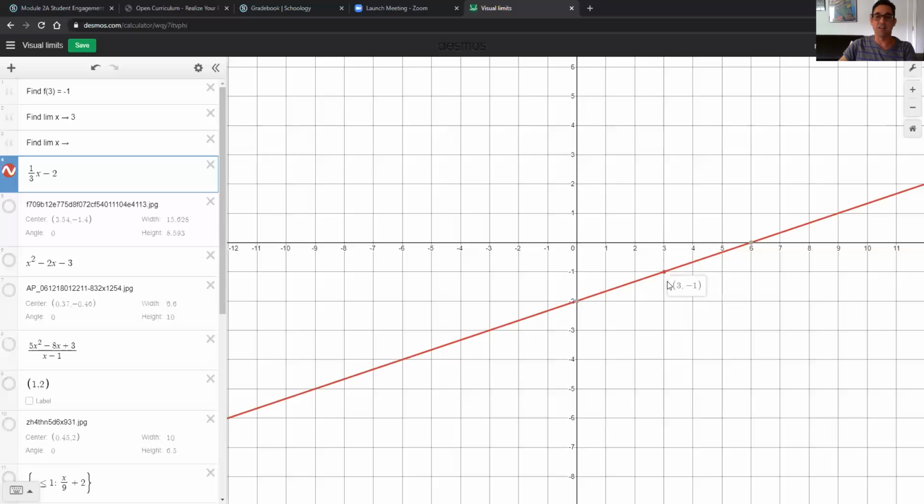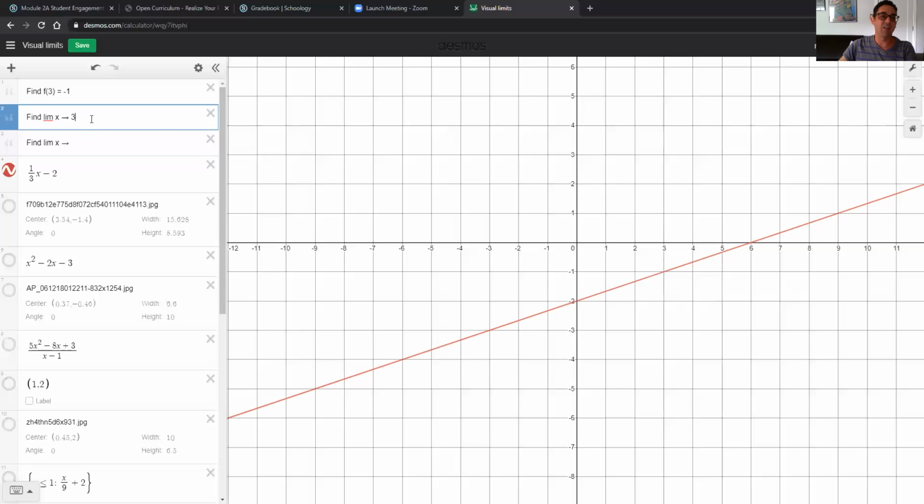And then once I go past it, they're still pretty close, but the further away I get from the point, the further away they get from 3 and -1. We call this approaching. So as I approach the graph from this side, it gets close to 3 and -1. And as I approach from this side, eventually both points get close to the point 3, -1. And that approaching is what we call a limit.